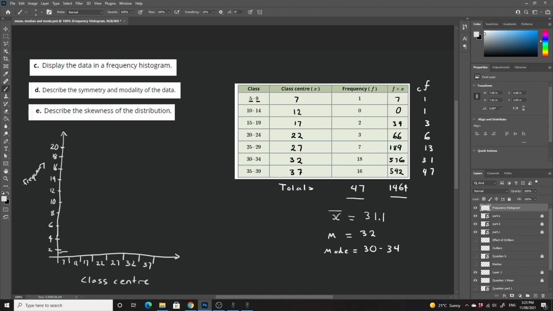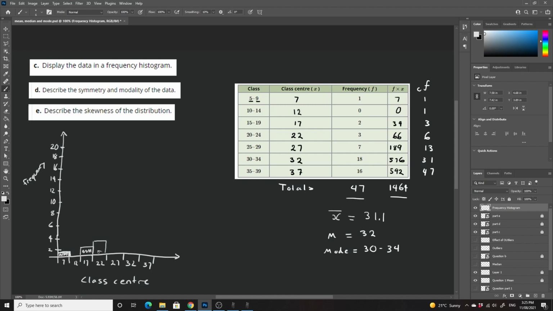So we're going to go halfway across here, and we're going to fill that in. Our second value has 0. Our third value, 17, has 2. The next one has 3.